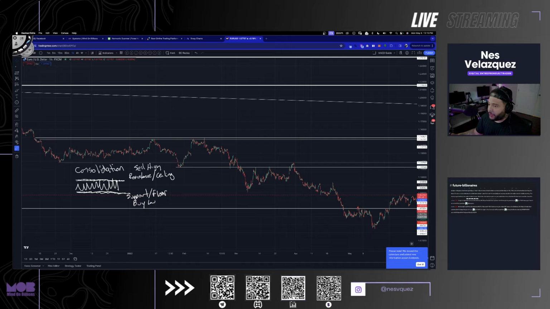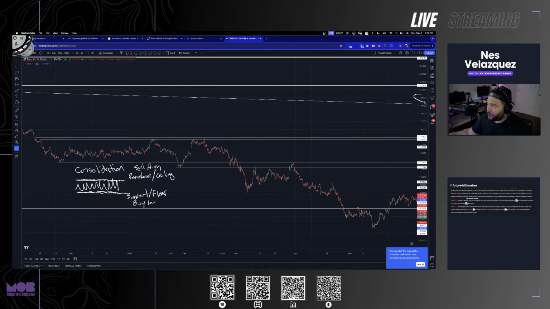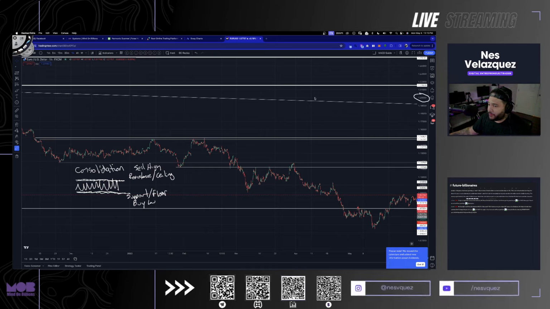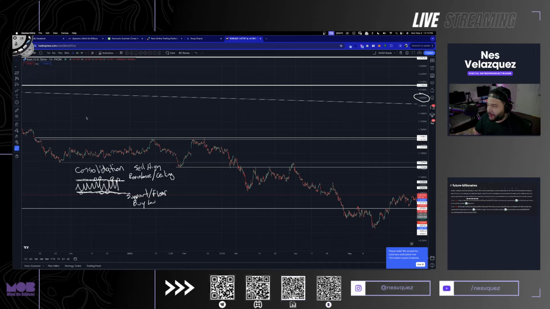Now, when institutions trade, they tend to trade right at even levels, institutional numbers, which you will learn about later. But for the most part, in this consolidation you want to buy at the low points and sell at the high points. That's the gist. But everyone is thinking the same thing for the most part.